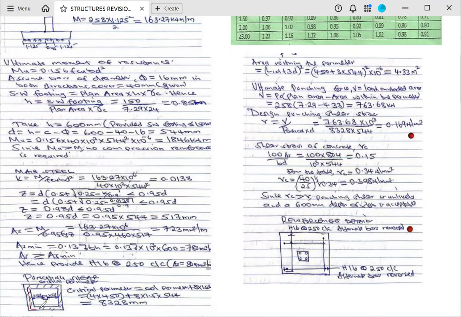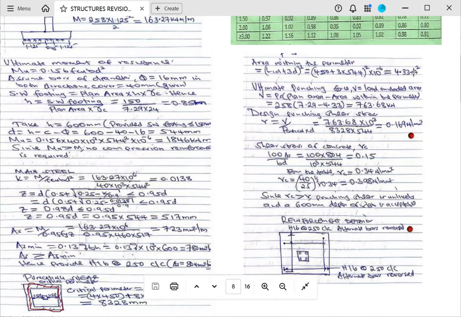Now we are looking at the load on the shaded area, which will be equivalent to earth pressure times the bracket of plan area minus area within the perimeter. That's right, because already this unshaded area is here.